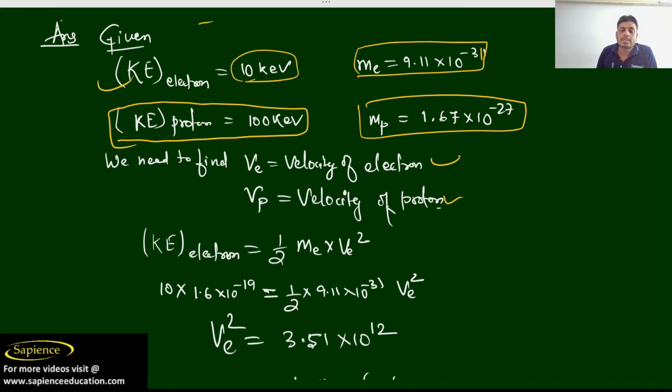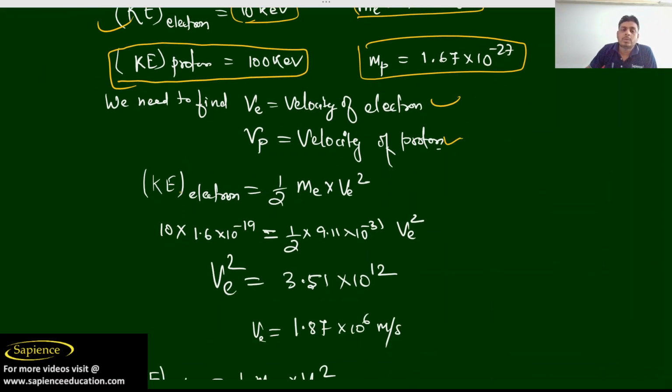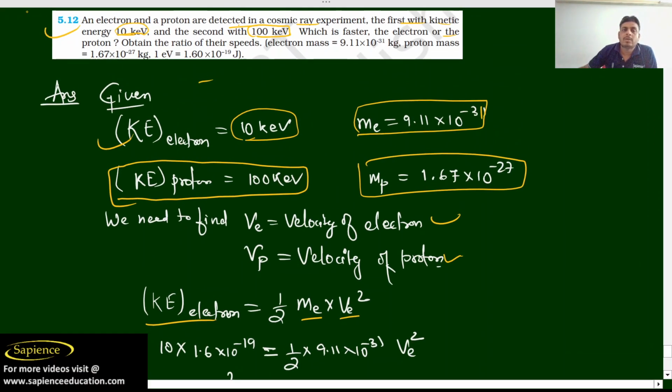Now what is the kinetic energy of the electron? Can we write the kinetic energy of electron is equal to half into mass of electron into velocity of the electron squared. They have given the kinetic energy of electron as 10 kilo electron volt, but we need to convert this into joules. They have given 1 electron volt is equal to 1.6 into 10 to the power minus 19 joule.